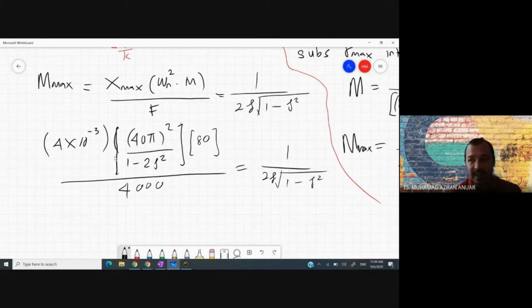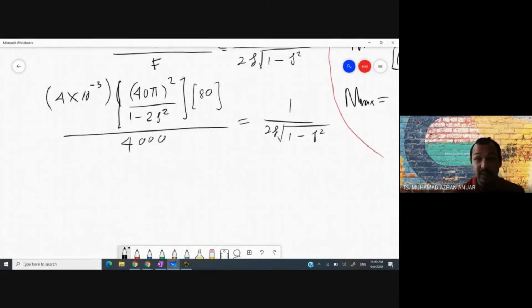So we can arrange this one further and solve it simultaneously. You should get zeta equal to something like this. You can cancel this one, so 2.53. You should check the calculation.